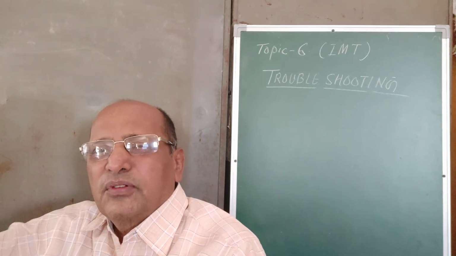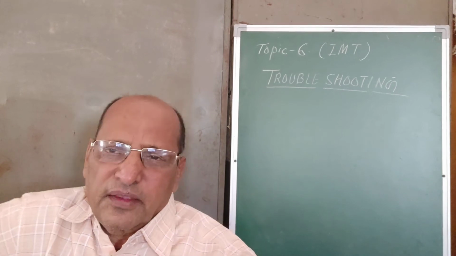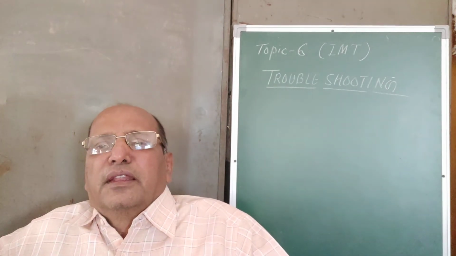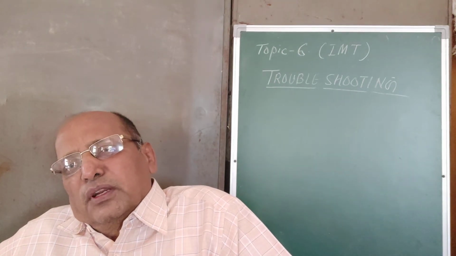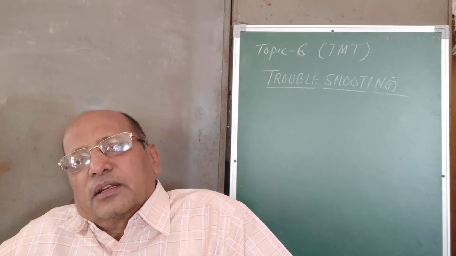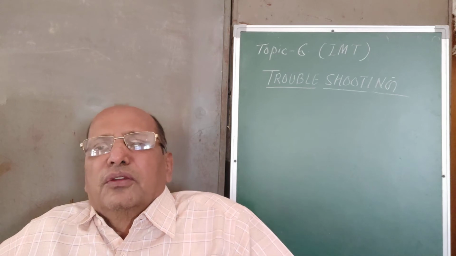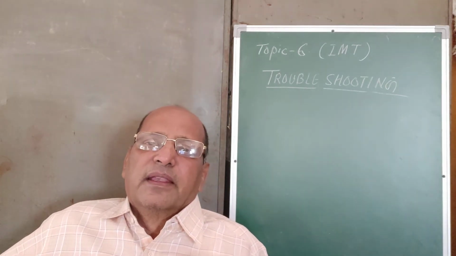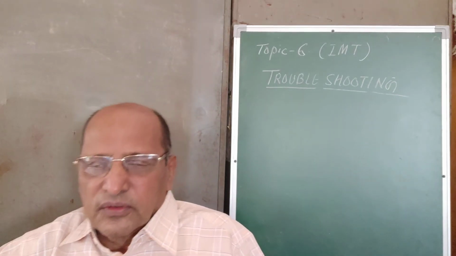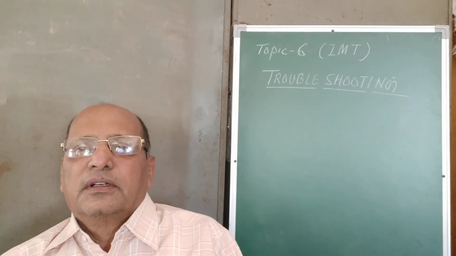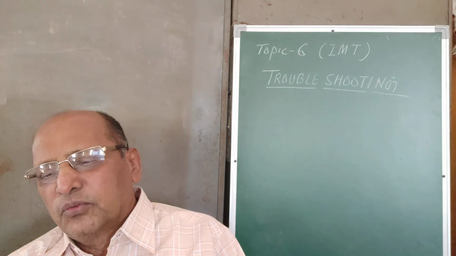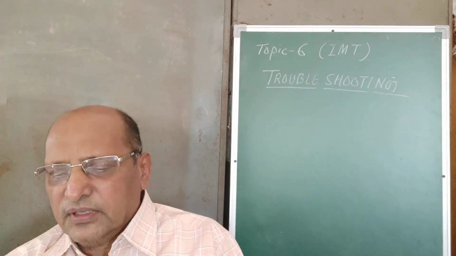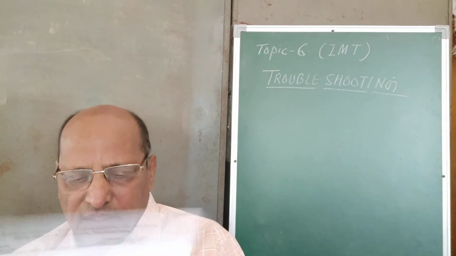You just take it from the literature provided by the company, and you will find that a troubleshooting chart is given with the equipment. You refer to that chart and, according to the recommendations given in all the four columns, you go for its repair. So the troubleshooting chart is a helpful literature for repair and maintenance of the equipment.